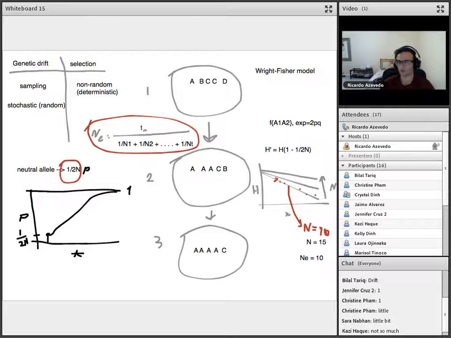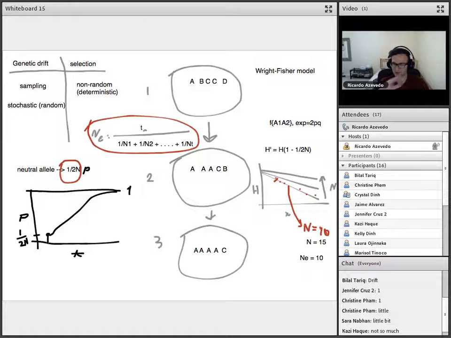So the populations that we look at right now in nature have been evolving for a long time. Why is there gene diversity at all? If the diversity is going to decline over time, as drift decreases heterozygosity, why do we have heterozygosity at all? Anyone?